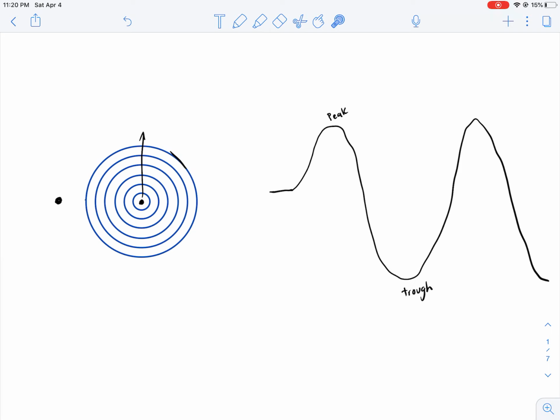And in the future, I'll be using red waves to represent the peaks of the sound waves and light waves. So let's look at how these wavefronts are propagated. So in this case over here, these are the wavefronts, and we'll say the source is over here, and it is going from left to right. Now normally, of course, these wavefronts wouldn't be perfectly linear, perfectly parallel like this, but we'll just use this to simplify things.